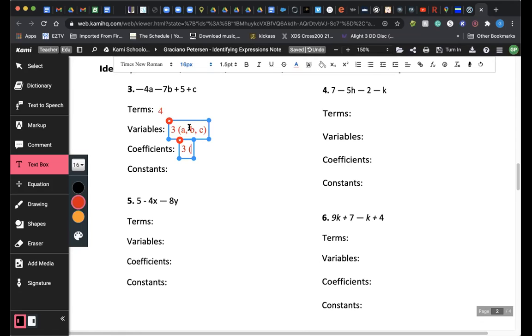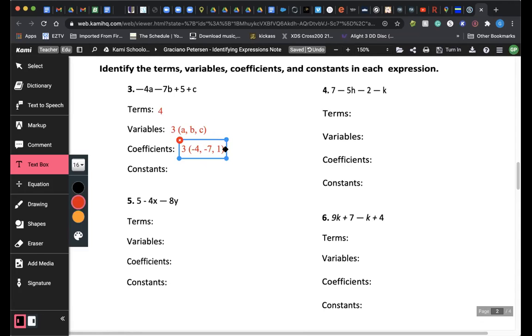So what's the coefficient for A? -4. What's the coefficient for B? -7. And what's the coefficient for C? 1. Every variable has a coefficient. There's always a number in front of every variable.